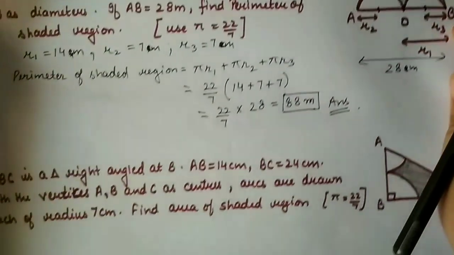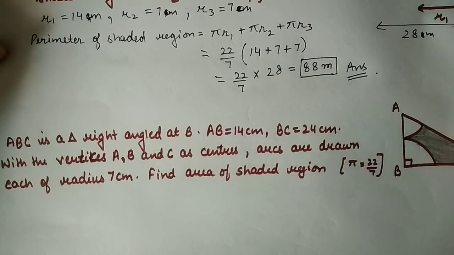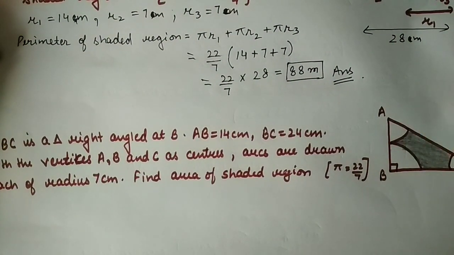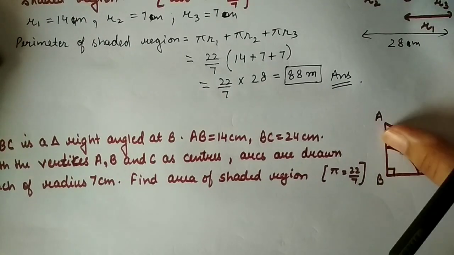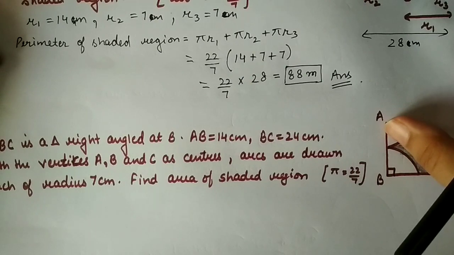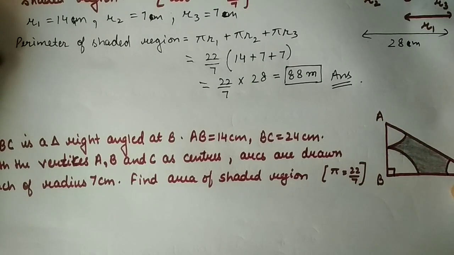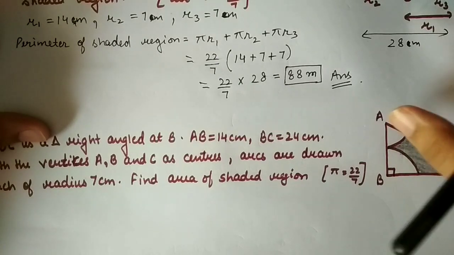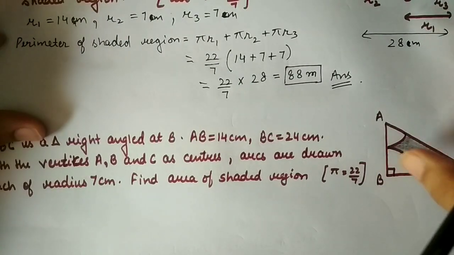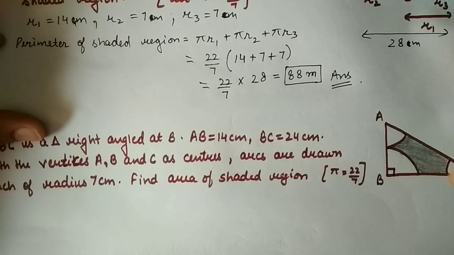Now let's see the next question. In next question it is given that ABC is a triangle right angled at B. AB is given to be 14 centimeter and BC is given to be 24 centimeter. With vertices A, B, C as centers, 3 arcs are drawn, each having the radius of 7 centimeter.